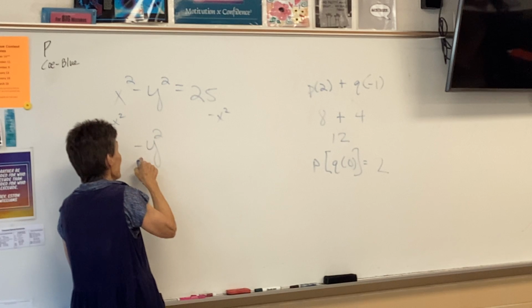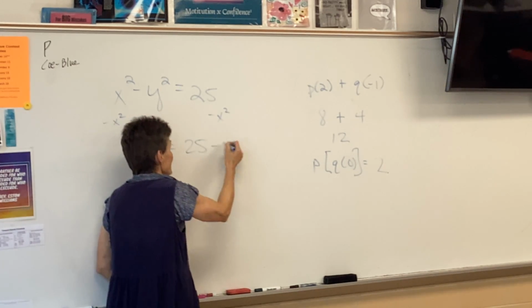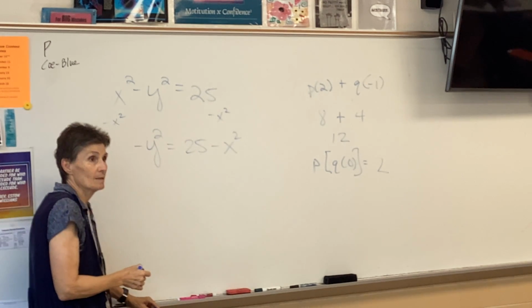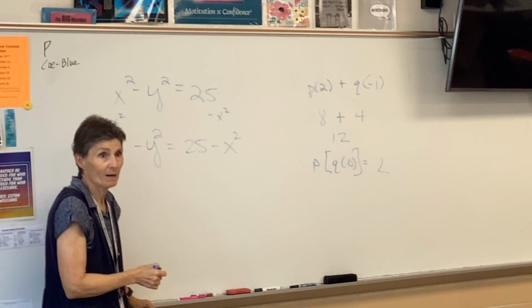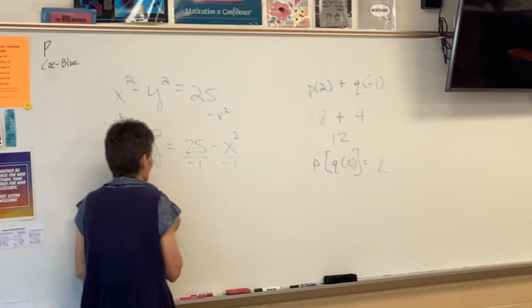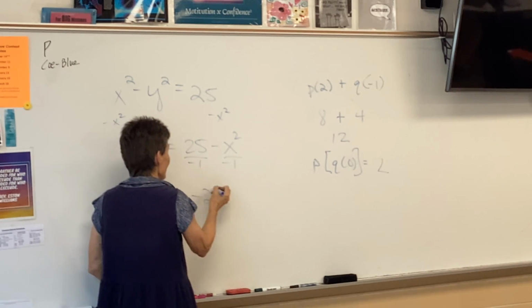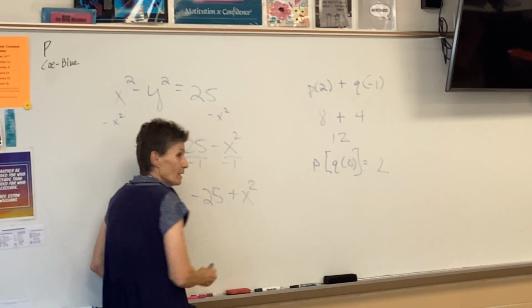You're left with negative y squared equals 25 minus x squared. Then we have to divide by negative 1. So y squared is negative 25 plus x squared.